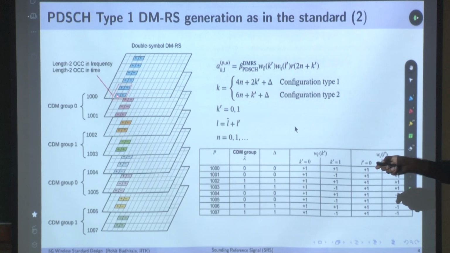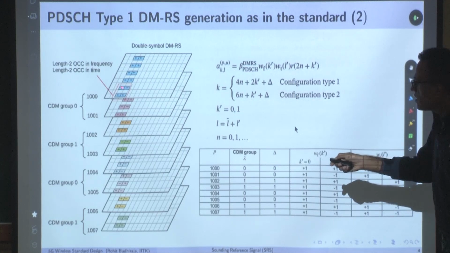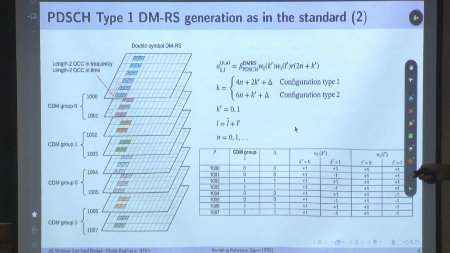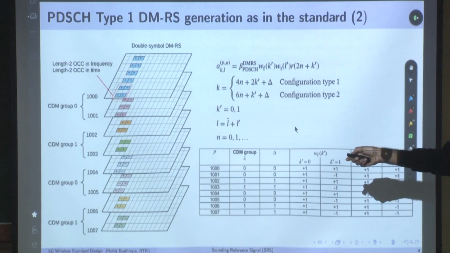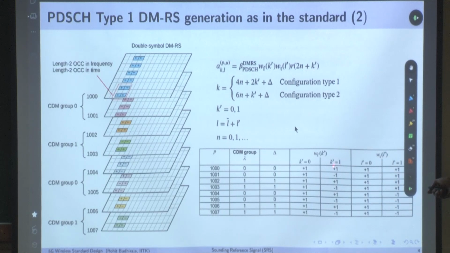For the second symbol, you will have to multiply it with +1 because that is the sequence. Look at this now. K dash, you will have to move to the first one because you are incrementing along the frequency. K dash is 1, L dash is 0, it is again positive, multiply this.